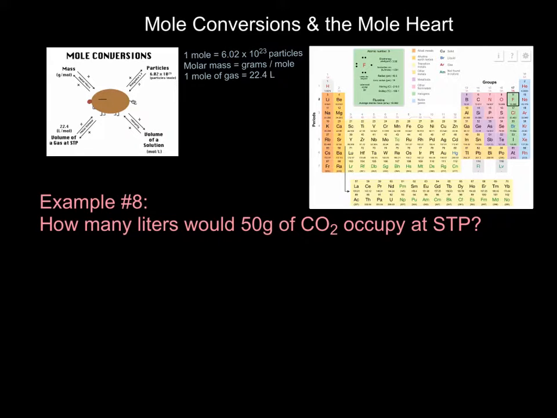So always start with what you're given, which is 50 grams of CO2, and times your first conversion factor, so grams on the bottom, and I know I'm going from grams to moles, so I need moles on the top, because that's what I'm converting to, and 1 mole of CO2 is my molar mass of carbon is 12, and my molar mass of oxygen is 16, but I have 2 of them, so 16 times 2.